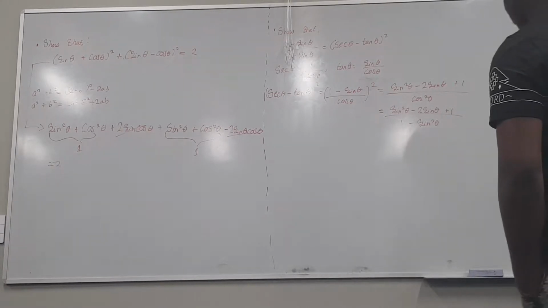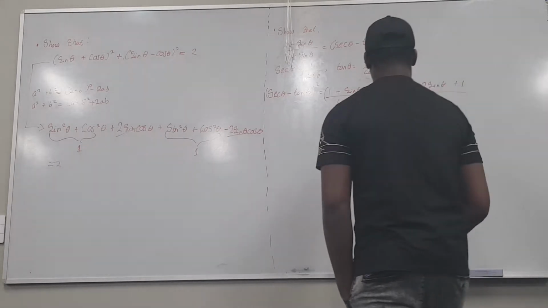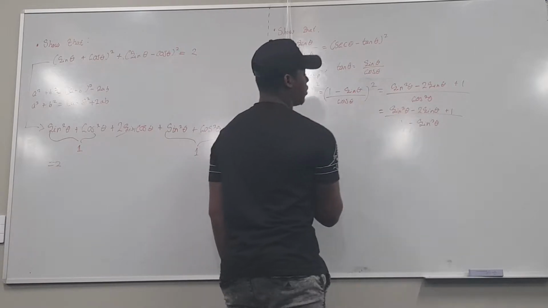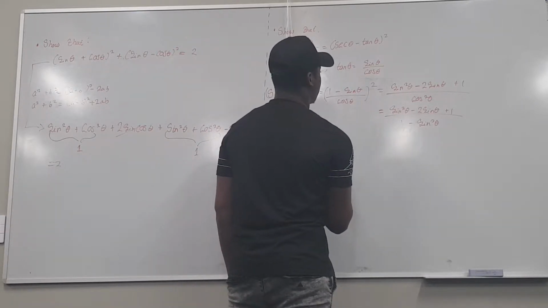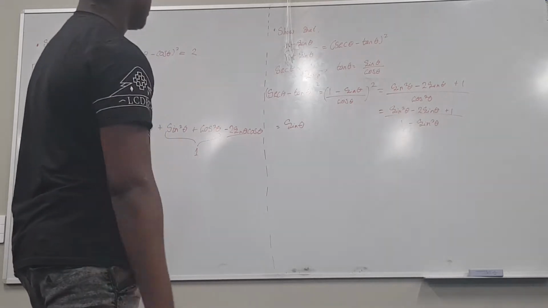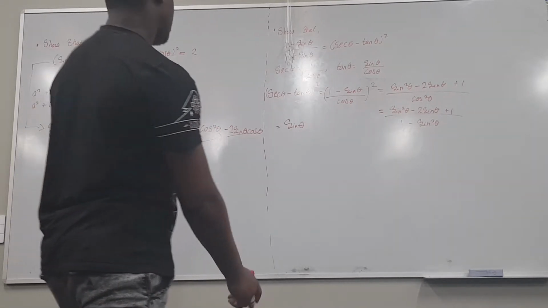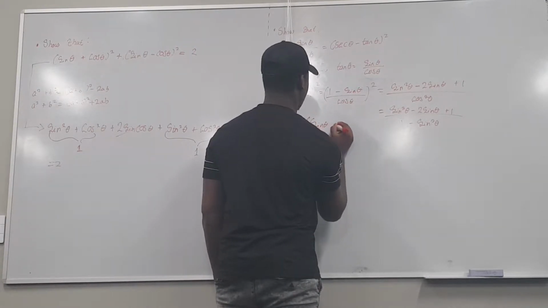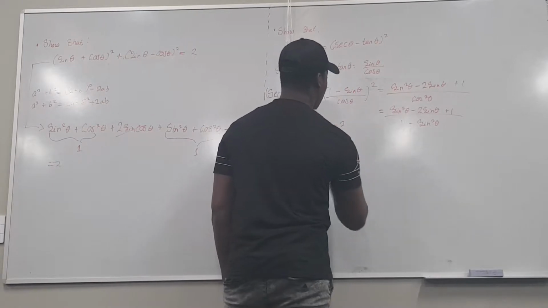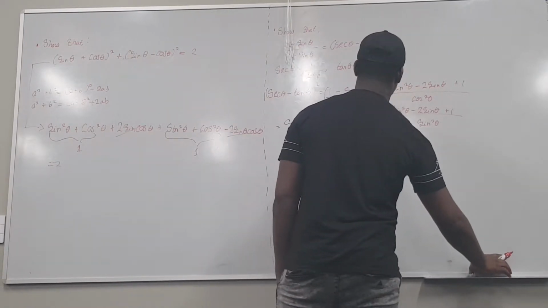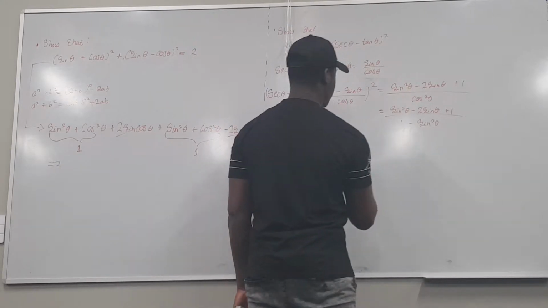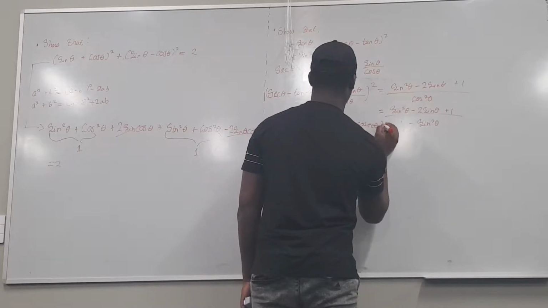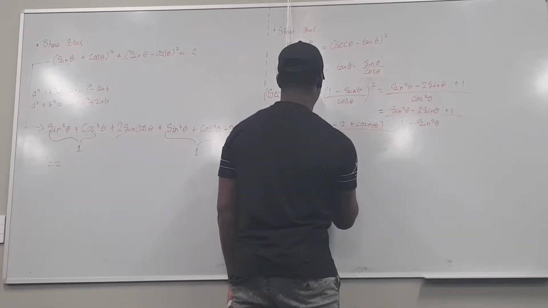The highest we can do is say there's a sine theta into bracket sine theta minus 2, because there's a 1 there, or you can write minus 2 plus cosec theta, all divided by 1 minus sine squared theta.